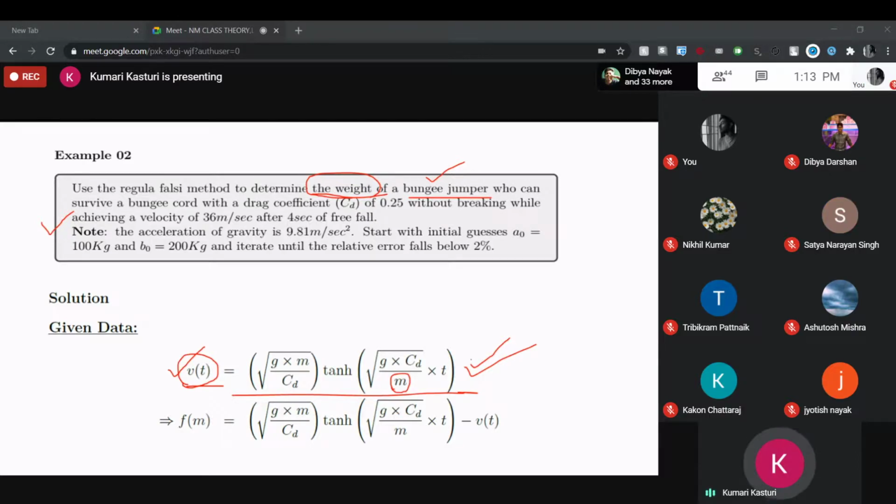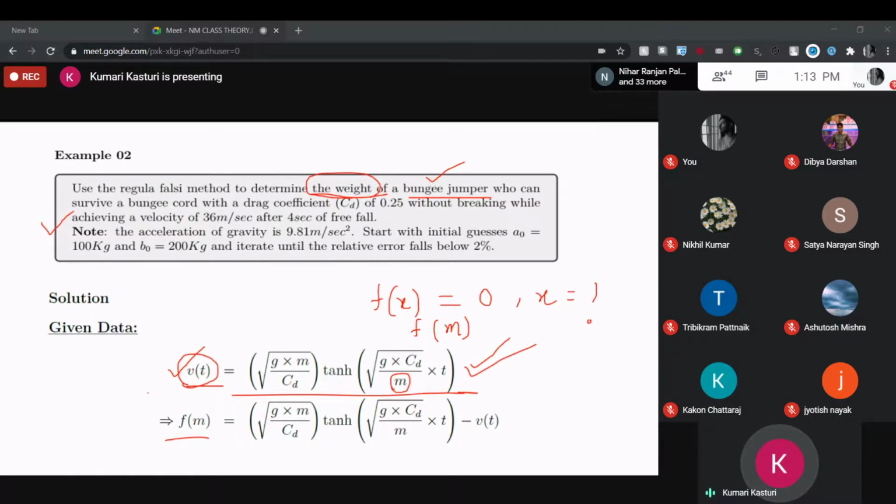So if we rearrange this equation in the form of f of m, why f of m? Already we have discussed that you have to solve the nonlinear equation in the form of f of x equal to 0, then we can calculate x. Here the unknown is m, so we want the function in the form of f of m.